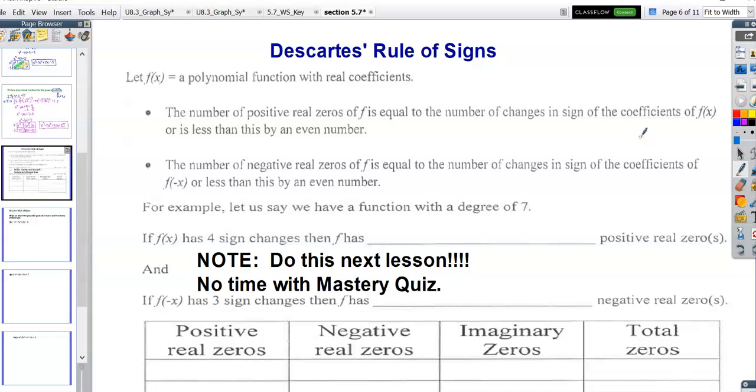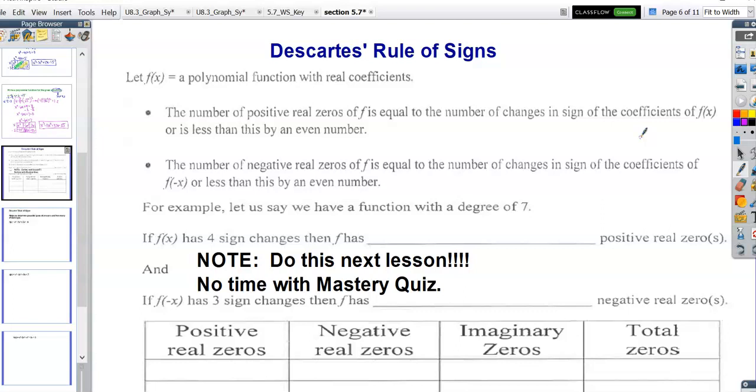So basically it means you're counting down by twos. The number of negative real zeros of f is equal to the number of sign changes of the coefficients of f of negative x, or less than this by an even number.